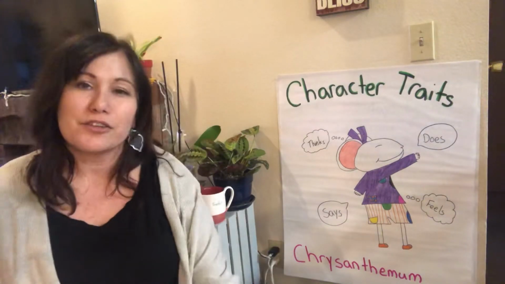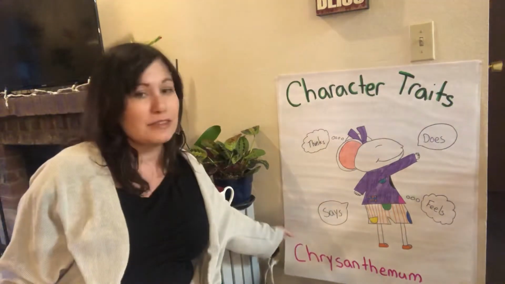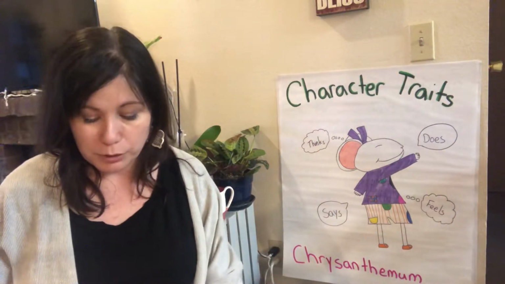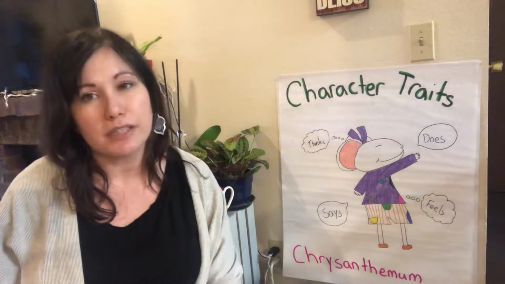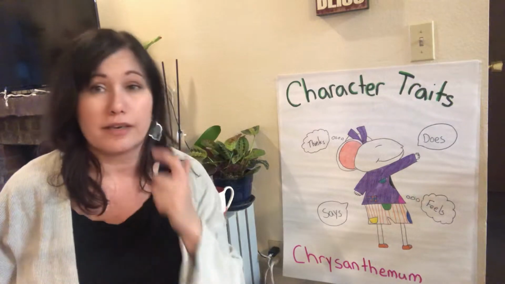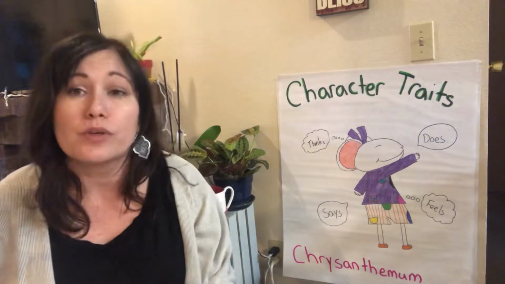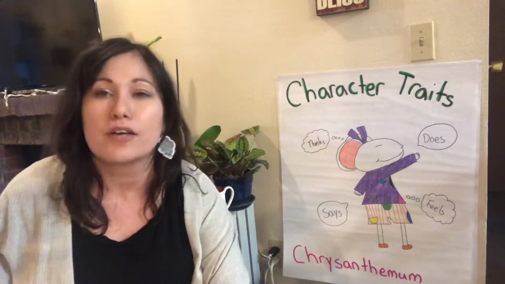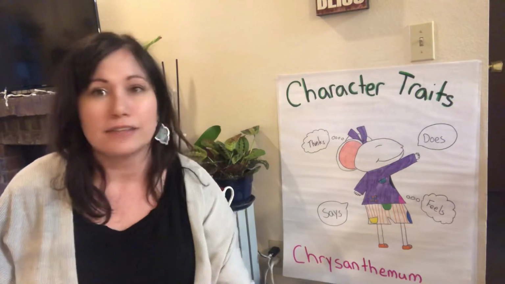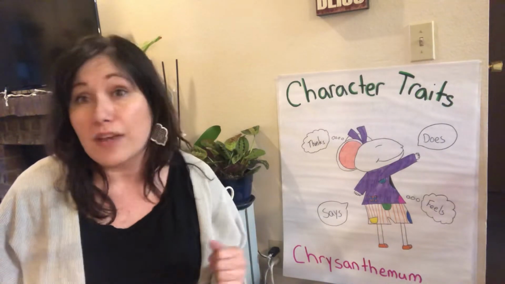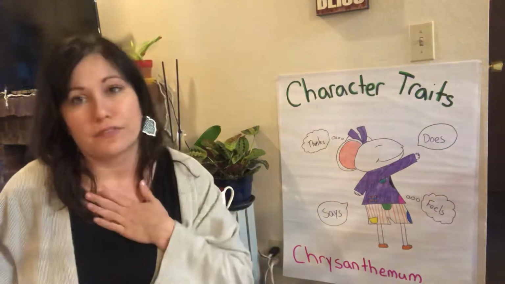Okay. All right, 3rd graders, I bet you can guess what book we're going to read today. Chrysanthemum. Chrysanthemum is a book by Kevin Henkes. I particularly enjoy this book because of its well-developed characters. As you know, in school we've been talking about how to really develop a character, an author has to give them thoughts and dialogue that's speaking, and lots of actions and also lots of feelings.